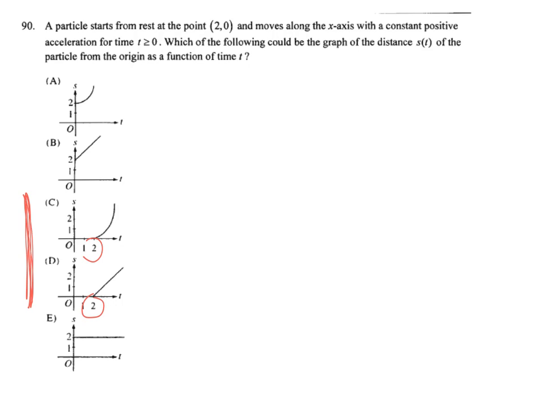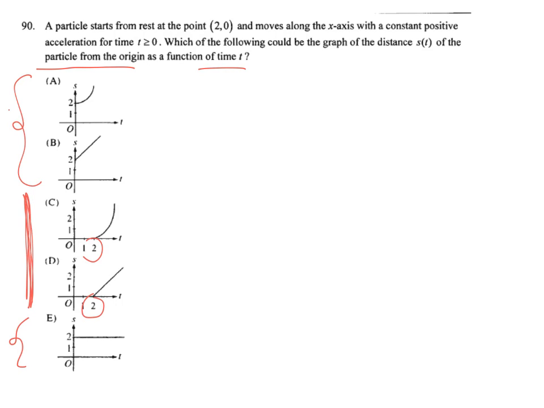The particle moves along the x-axis with a constant positive acceleration. Which of the following could be a graph of the distance of the particle from the origin as a function of time? So this is distance from the origin versus time, and it starts at 2 away from the origin. So these are the ones we want, or possibly this one. But then it says it has a constant positive acceleration.